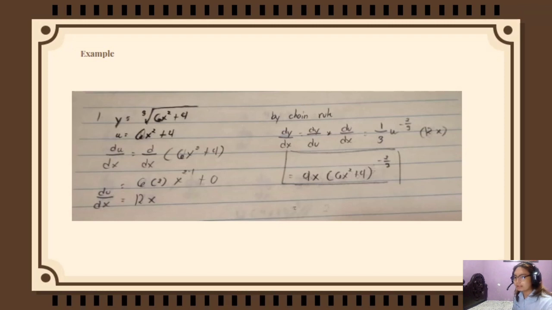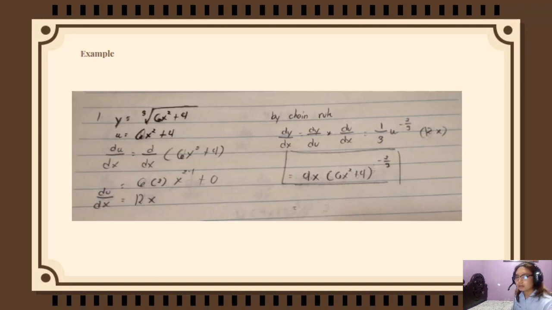What is our u? It's this one. So we made the u. The derivative of u with respect to x is d over dx of 6x squared plus 4. So we took the derivative.